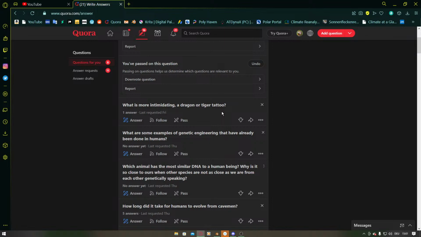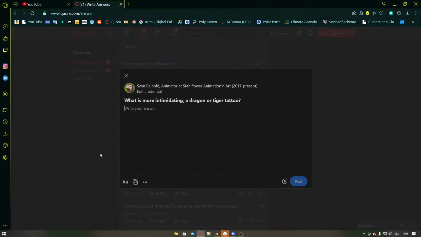So a dragon is a lot more intimidating because it's bigger and has more pointy spikes or horns, and the wings are making it a lot more intimidating.